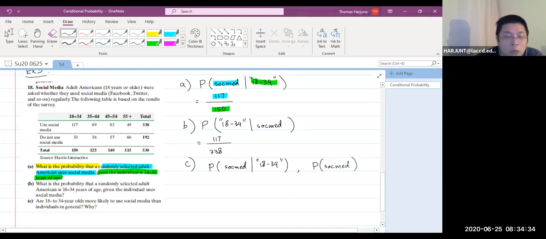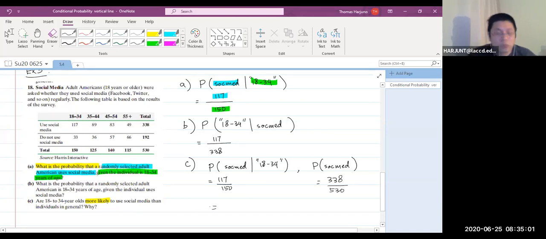Now when we need to answer the question of more likely, we basically compare the probabilities. The one we have here is what we get from part A. That's 117 over 150, while the one here is social media, 338 over 530.